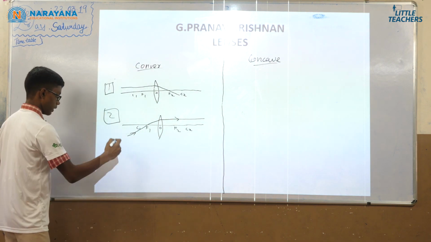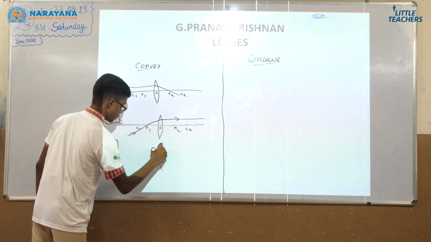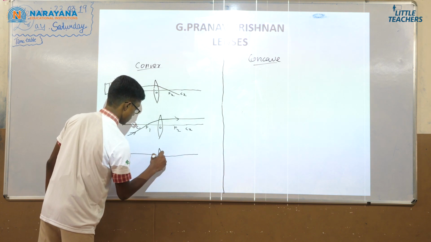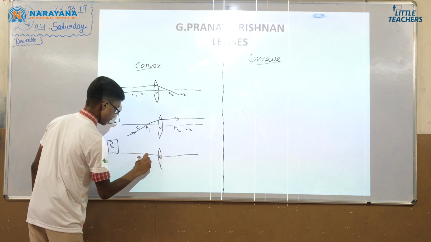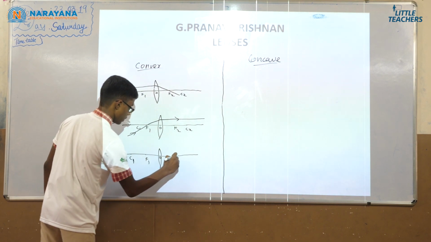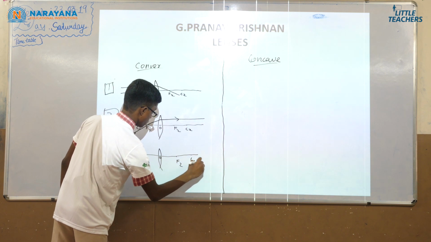So let's go to the third type of ray. Let's take a principal axis, optical center, focus 1, center of curvature 1, focus 2, center of curvature 2.